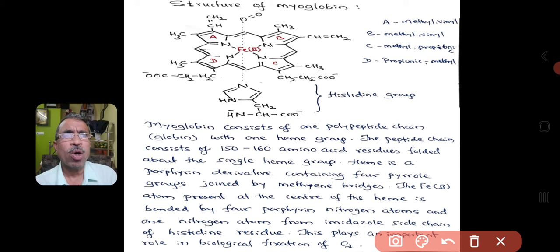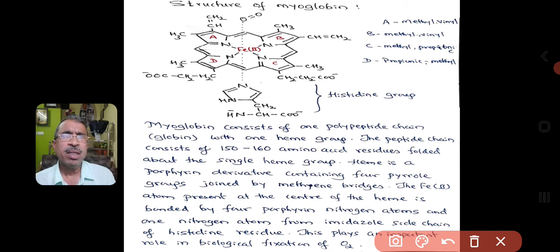The first pyrrole ring, abbreviated as A, contains methyl and vinyl groups. The second pyrrole ring, B, contains once again the methyl and vinyl groups. The third pyrrole ring, C, contains methyl and propionic acid groups. That is called propionate, it's a COO minus, H is removed. And the D pyrrole ring also contains the methyl and propionate groups.